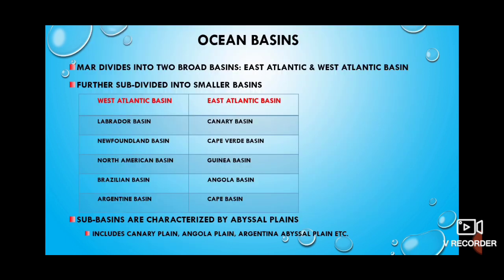The Mid-Atlantic Ridge divides the entire ocean into two broad basins, namely the East Atlantic Basin and the West Atlantic Basin. And these basins are further subdivided into smaller basins.